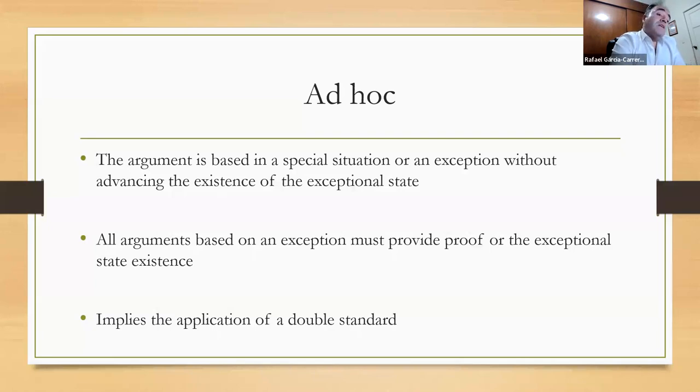In the case of public international law, the argument that you usually make is countermeasures. Countermeasures means you are applying a measure that is illegal by itself. So if you fail to prove the existence of the special circumstances that give rise to those countermeasures, any and all other arguments are going to fail concerning that claim, because at that very same moment, you are admitting that you have committed an unlawful act and breached international law, and there's no way to go back from that.